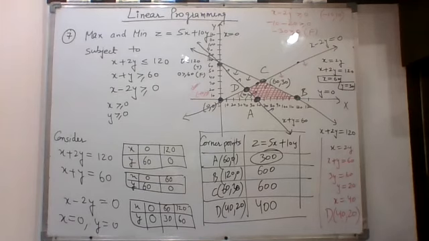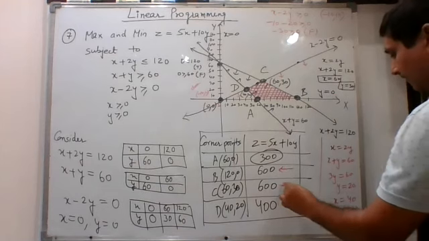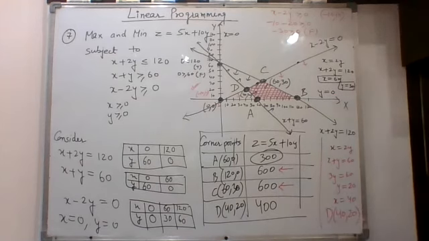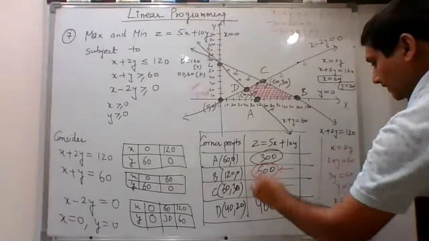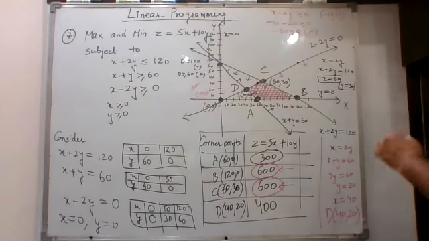Now for maxima, you can see one interesting thing: here we have maxima at two particular points. The maxima is existing at this point as well as at this point, that is at B as well as C, and the value is 600.